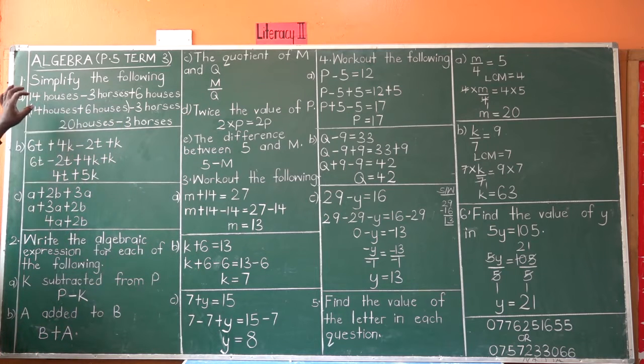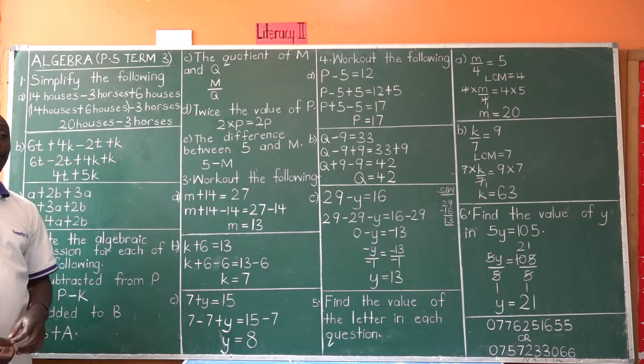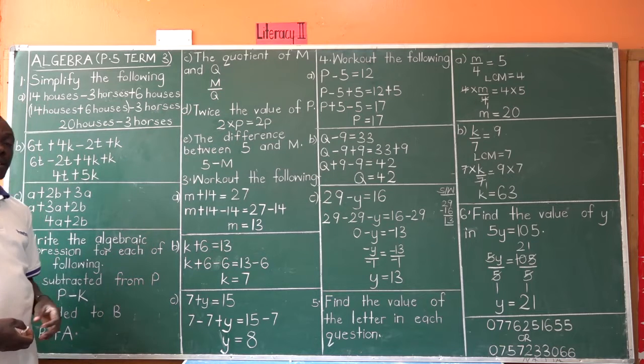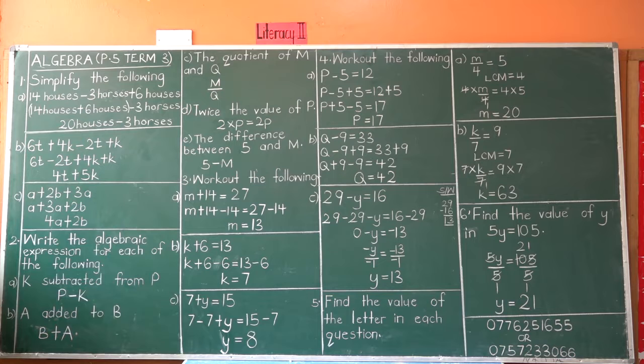Like terms are those things that look alike, like houses, so they can produce one answer when added or subtracted. That's why we put the houses together. Then later we take away the horses, which can never be taken away from the houses. So the answer is 20 houses minus 3 horses. Leave it like that, and that's the answer.